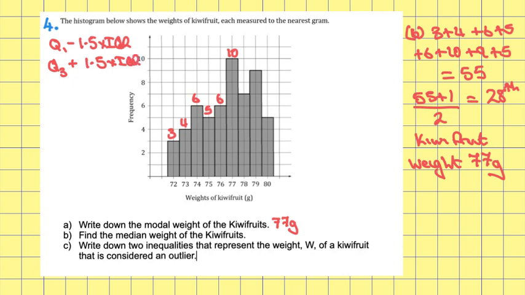So the first thing I need to do is find the IQR. Well, the IQR is equal to Q3 minus Q1.